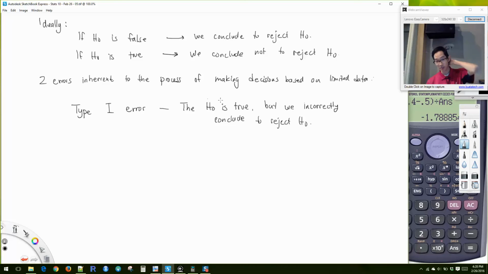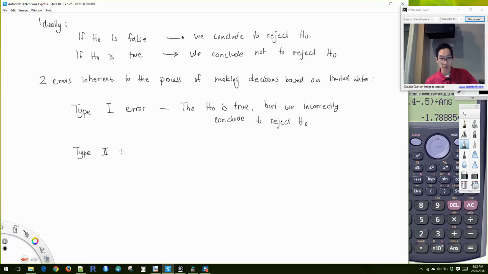So the null hypothesis is true in reality, but for whatever reason, because of our data and random sampling, we incorrectly conclude to reject the null hypothesis. So this would be, you know, the game actually is a fair game, but because we happen to have a string of bad luck, we come to the conclusion that the game has been rigged. Okay, that would be type 1 error.